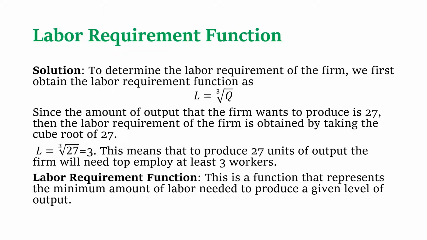So this means that to produce 27 units of output, the farm will need to employ at least 3 workers. So it needs to employ 3 workers to produce 27 units of output. Now this brings us to the definition of the labor requirement function.